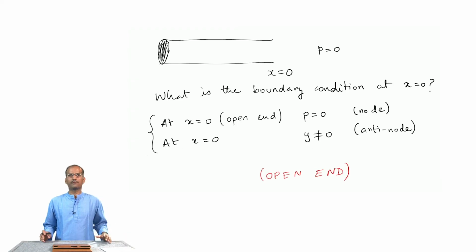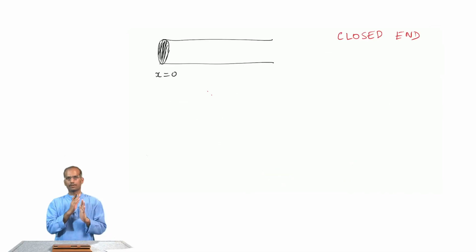So, let us now look at what happens at the closed end of the tube. What is the boundary condition at the closed end? At the closed end of the tube, if there is going to be any kind of displacement of the particles there, either the particles will have to move into the body of the cross section that covers this tube, or they will have to move away in the other direction.